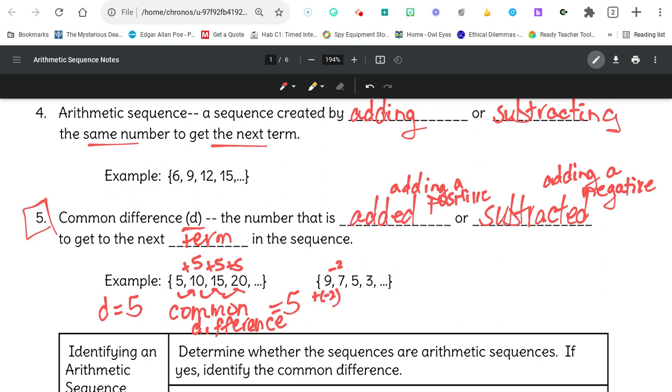It's the same thing. 7 minus 2 is 5, or I can say 7 plus negative 2 is also 5. 5 minus 2 is 3, or I could say 3 plus negative 2 is 1. So the common difference here, D equals negative 1. Although we're subtracting 1, we read it as negative 1 because it's like adding a negative.